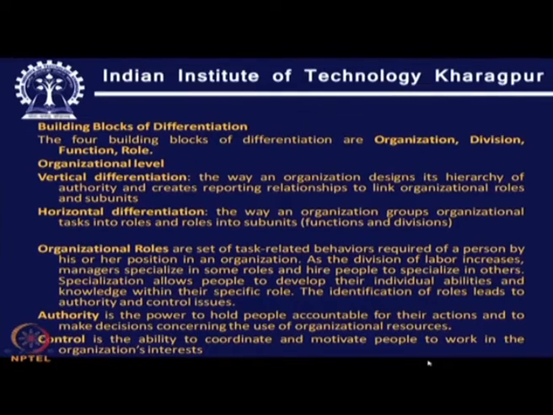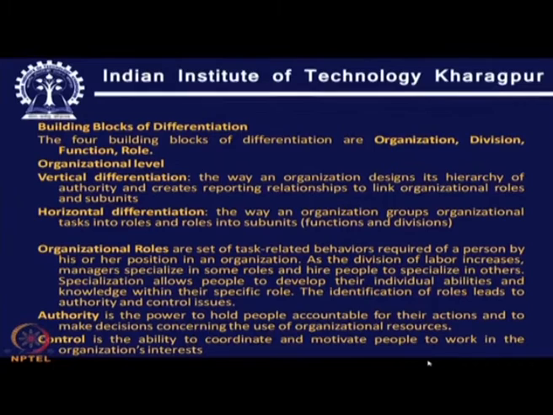When you are talking of the organizational level, there are two types of differentiation: vertical differentiation and horizontal differentiation. Vertical differentiation is the way an organization designs its hierarchy of authority and creates reporting relationships to link organizational roles and subunits.